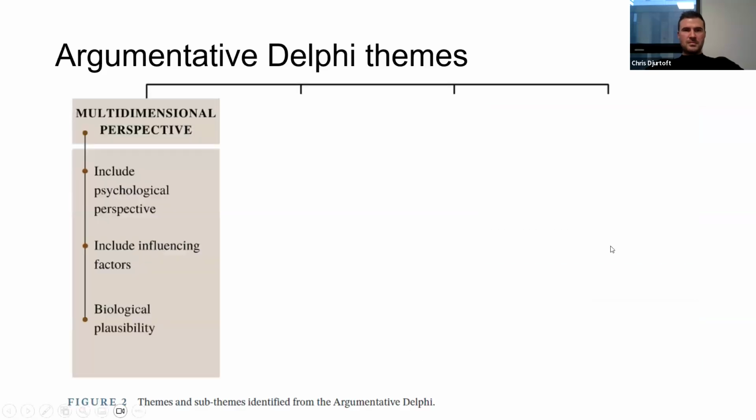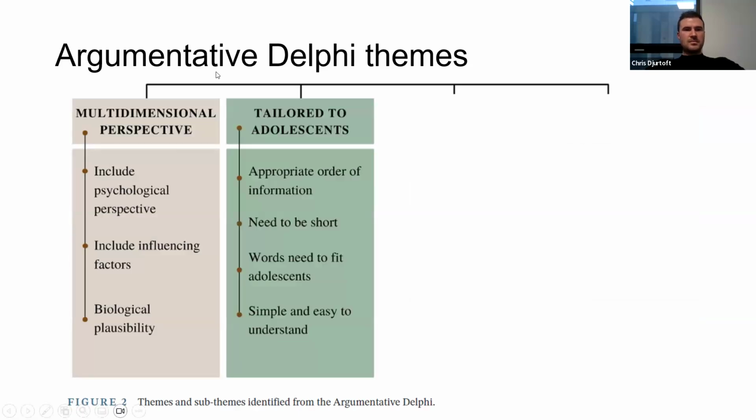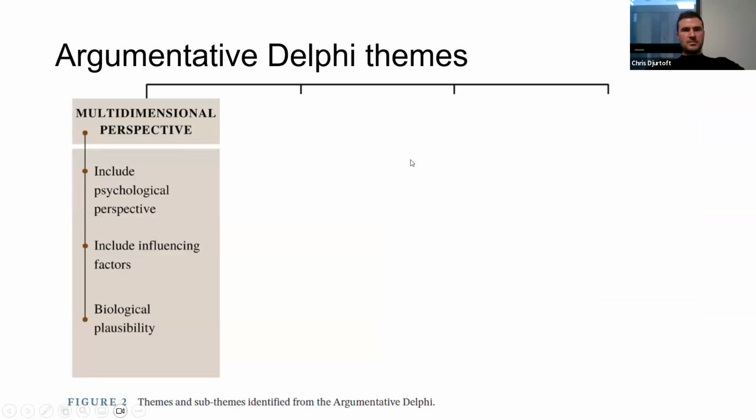This led us to 4 different themes that the experts mentioned needed to be present in a credible explanation. They emphasized that it needs to be multidimensional, so it has to involve both the psychological and the biological components, as well as the social.